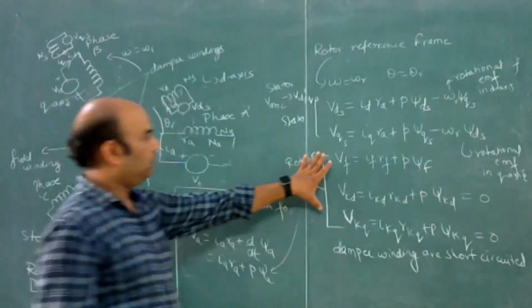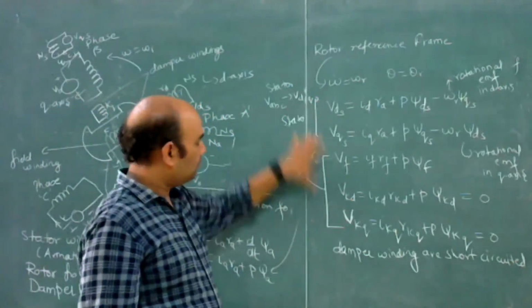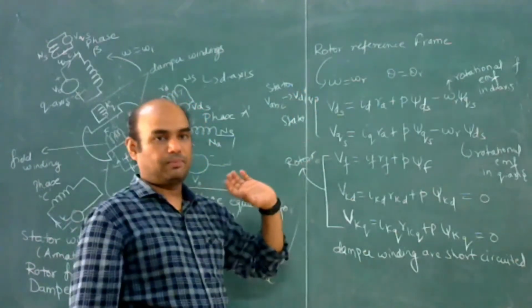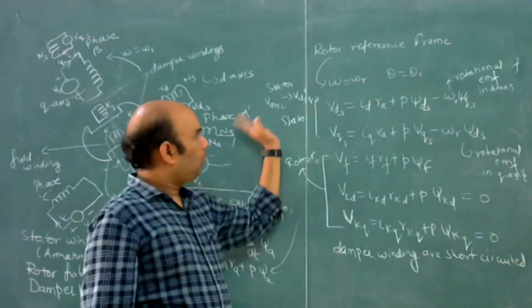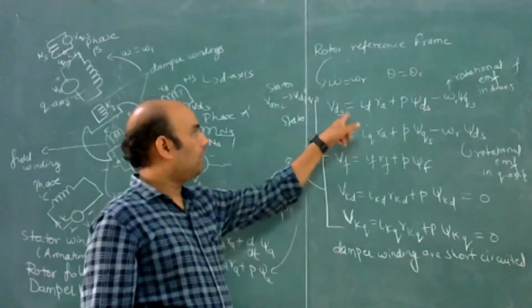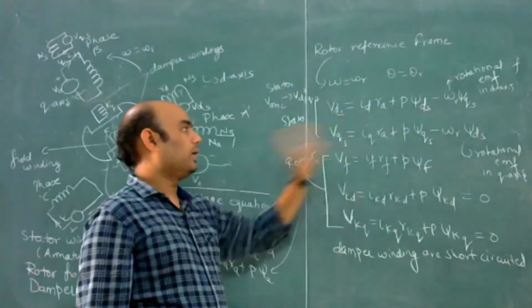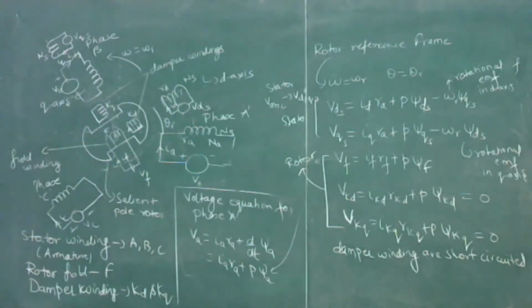So these two equations are for rotor side, and these two equations are for stator side. So the voltage VABC is converted to these two voltages VDS and VQS. So in this way we have converted into VD and VQ.